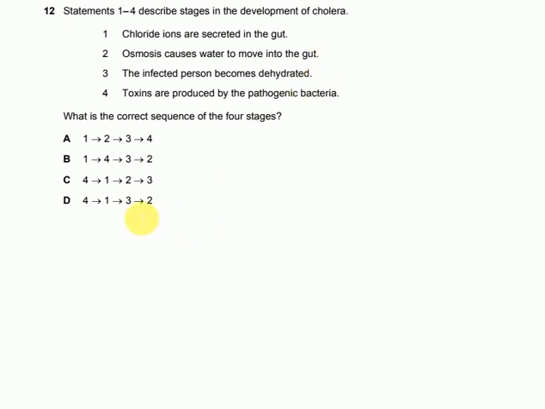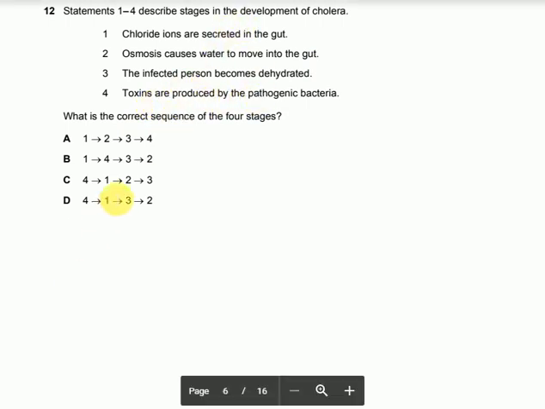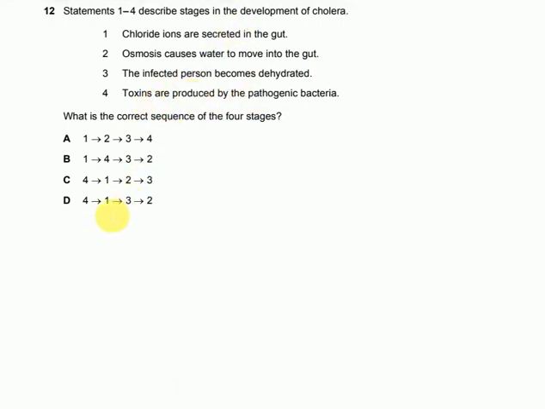It will be 2, 3. So first would be 4, toxins are produced, chloride ions are secreted, then osmosis causes water to move into the gut, and the infected person becomes dehydrated. 4, 1, 2, 3. Answer is C.